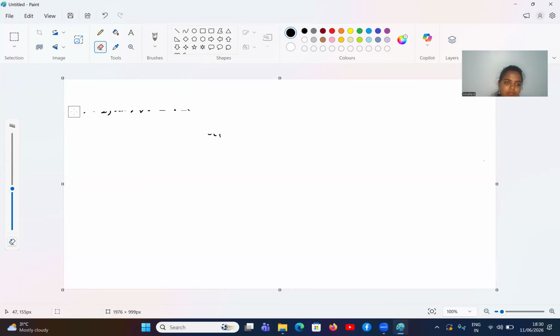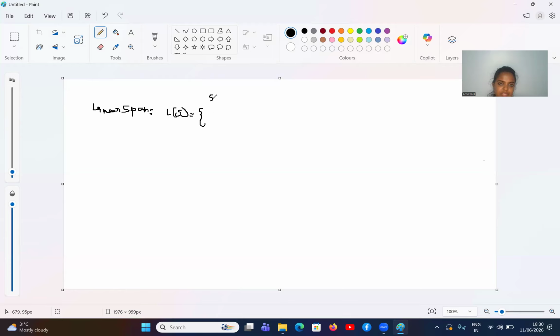For linear span, we use the notation L of S, which is equal to the set of all.